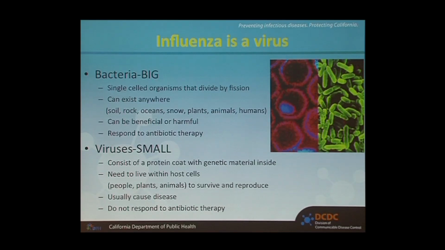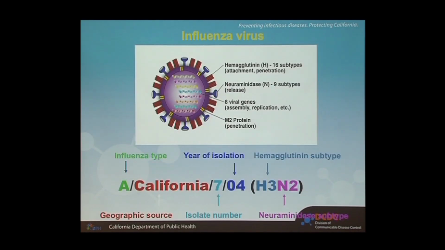So they take over that host cell's machinery in order to replicate, and then they release little virions from that host cell, and that's how they reproduce. They cannot reproduce without using another host cell as their host. For that reason, they usually cause disease because they are invading other host cells, and they don't respond well to antibiotic therapy.